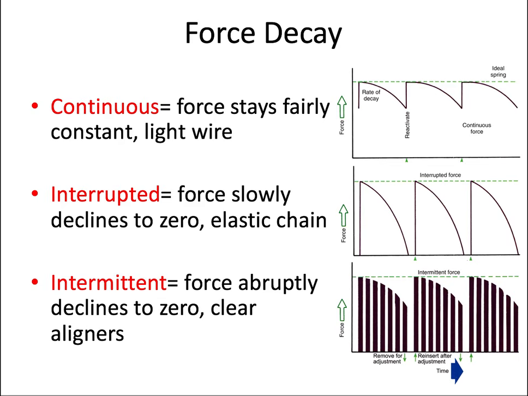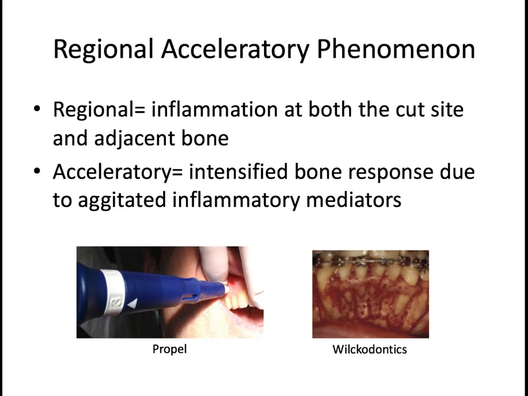Otherwise, it follows a similar pattern of force decay. So really interesting stuff there about thinking about how the material will tire over time, and in the case of compliant appliances, how the patient decides to wear them, how often per day they're putting those things in.